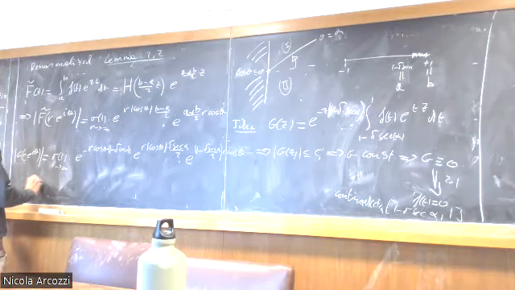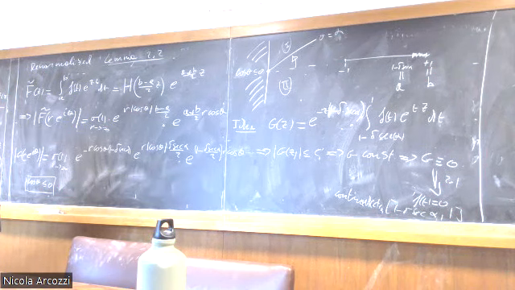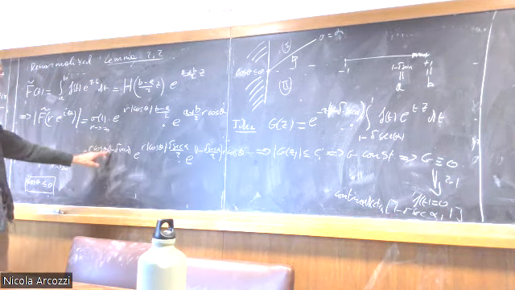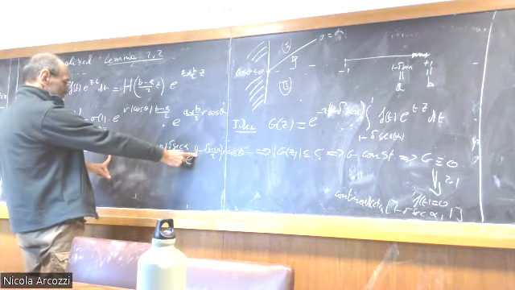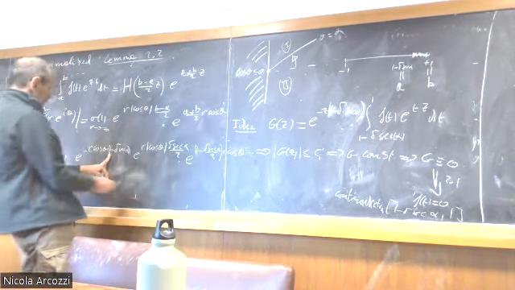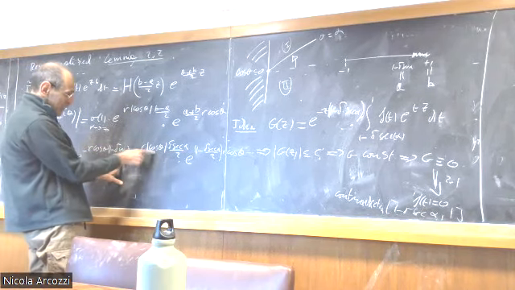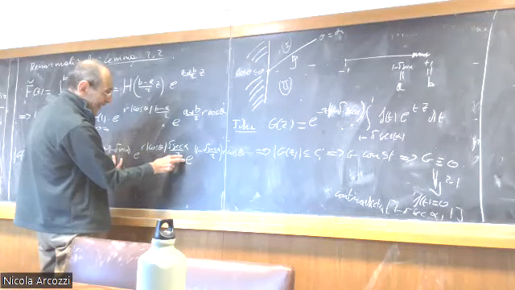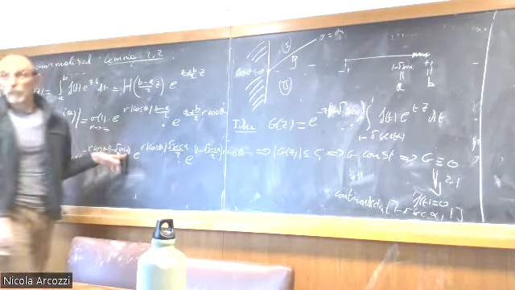If cosine of theta is negative, then you see that everything cancels out. This and this cancel out, no problem. And here you get plus this minus, because that's negative, this minus the same thing, which cancels this one.